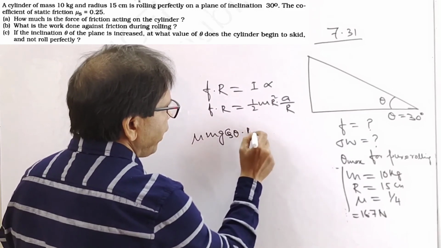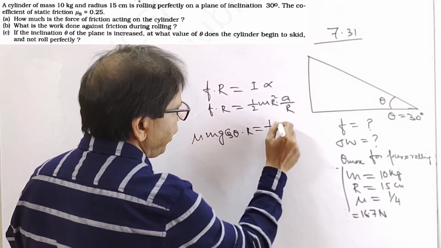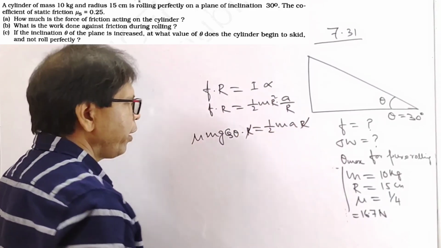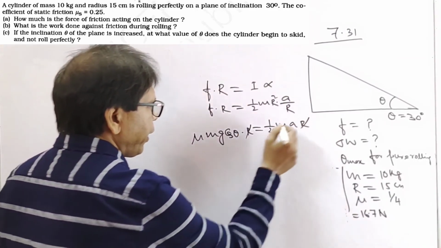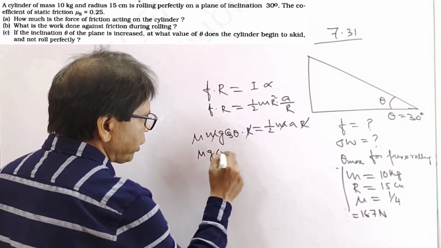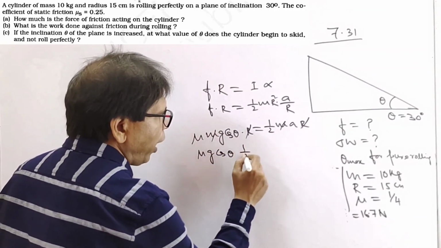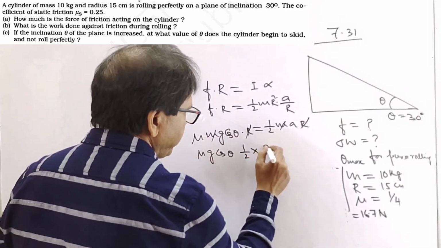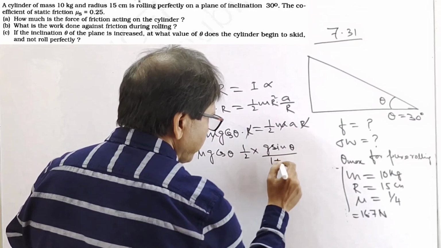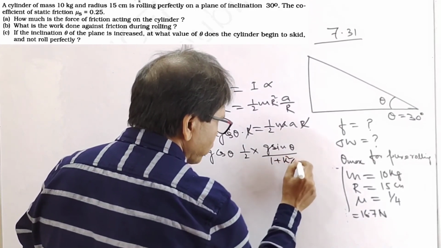Now into R, and this is half mar. Now R cancel out. Okay, now look at this. Here also cancel out. So look at this, mu g cos theta equal to half into a, means this is g sin theta divided by 1 plus k square by r square.